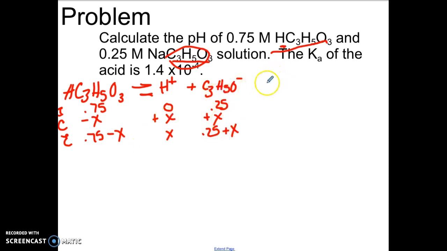Now, if we put this into the equilibrium expression, we know that Ka is equal to the hydrogen ion concentration times the C3H5O3 ion, I should have a 3 here, I just noticed that, over the acid.